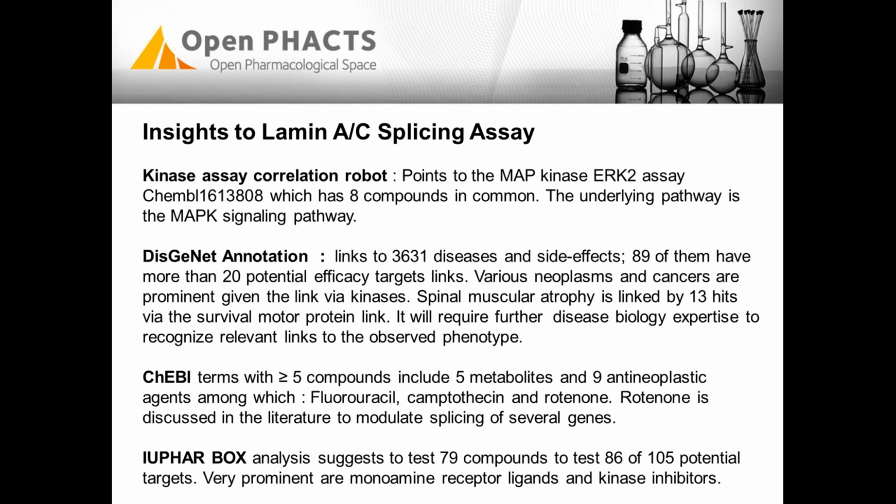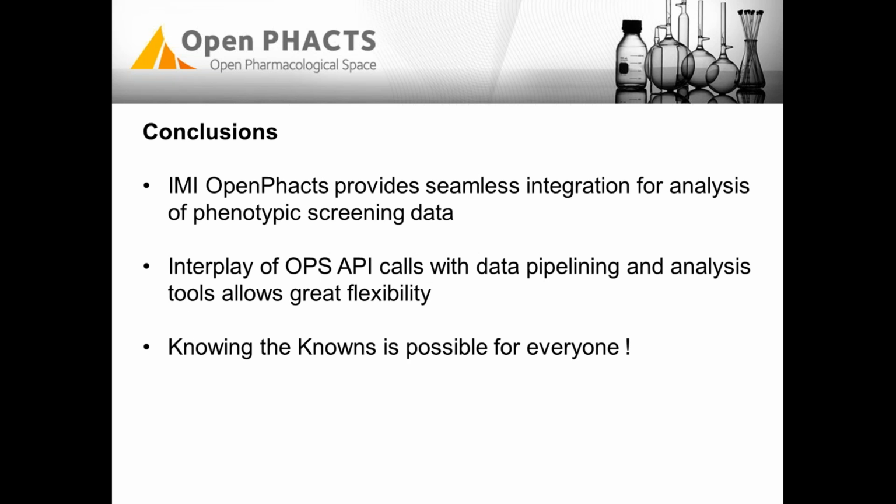ChEMBL is reporting positive activities, negatives in that sense not included in the data, and more rigorous statistical analysis is needed to really find those targets and finally distinguish the signal from the noise.